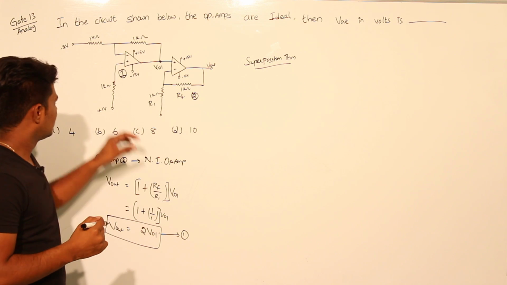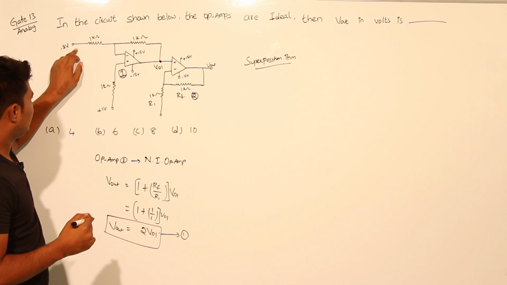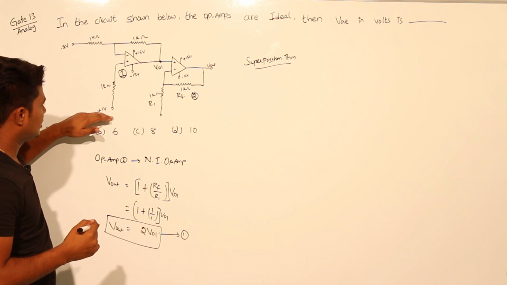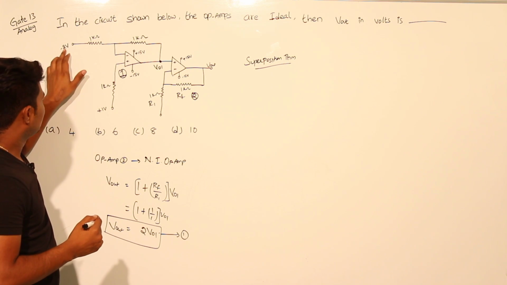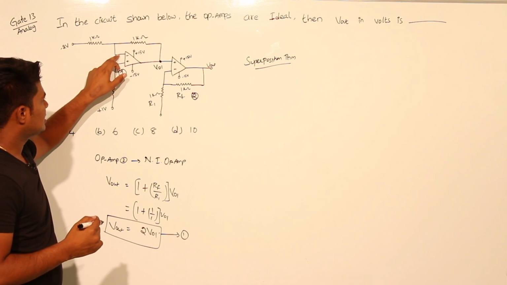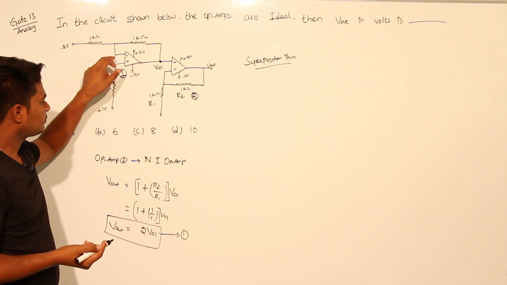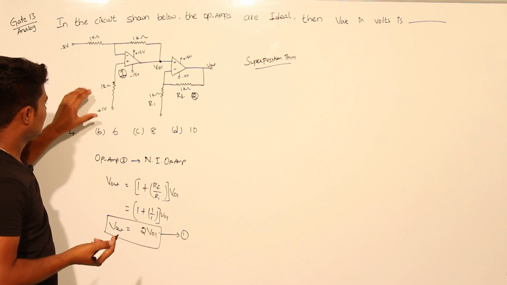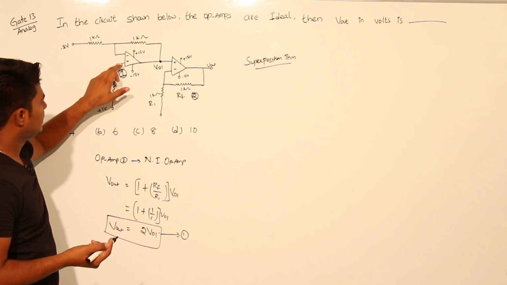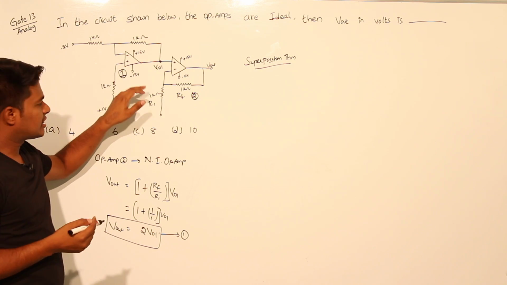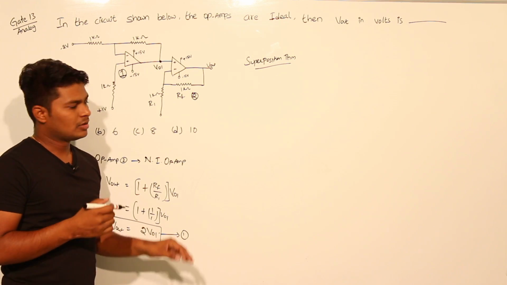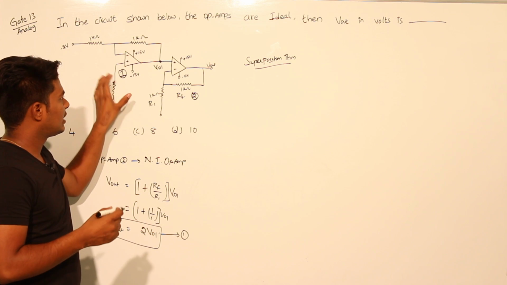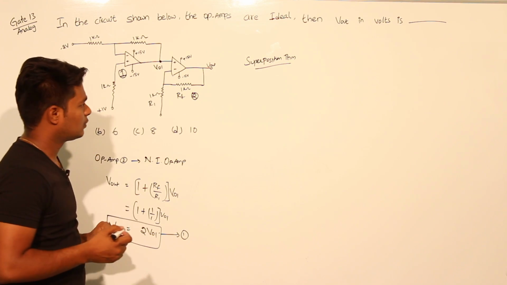So first we apply minus 2 volts, at which time plus 1 volt is grounded, so don't consider it. Then this op amp acts as an inverting op amp. Then consider plus 1 volt given to the non-inverting terminal, so this acts as a non-inverting op amp. Finally, add up all the responses and you will get VO1.